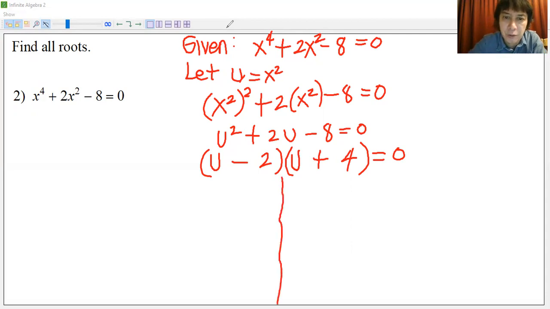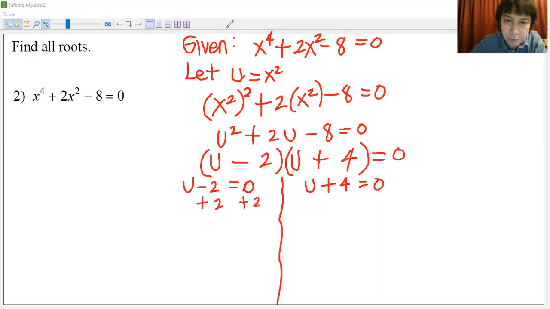All right, and so we shall now continue with the equation. Equate each factor to 0. U minus 2 is equal to 0, and this is also u plus 4 is equal to 0. So let us solve the first one. This is addition of 2, and we have the value of u, which is 2 there.